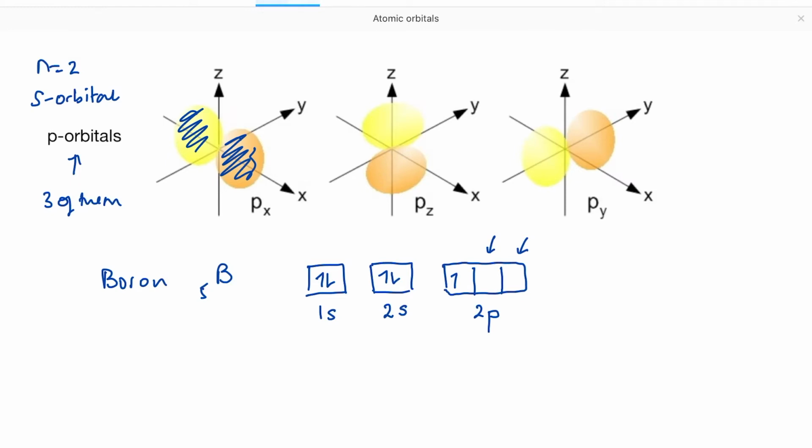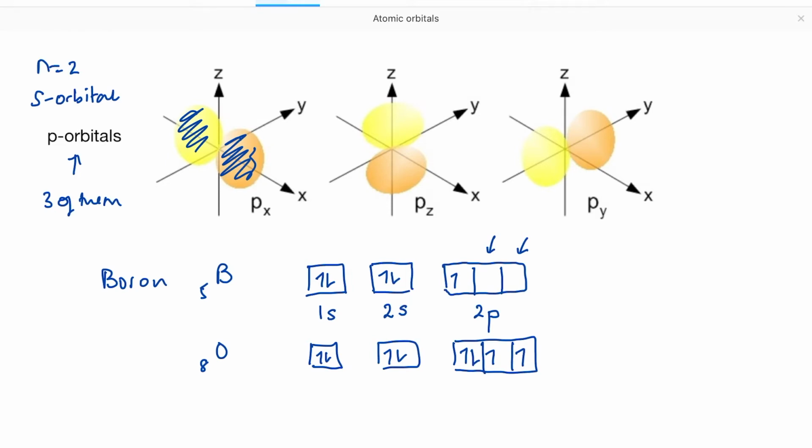So for example, if I were to take, let's go with oxygen, 8 electrons, we've got 1s, 2s, that's 4 of the electrons, and the next 4 electrons, well, 1, 2, 3, and then the 4th one would be forced to spin pair.